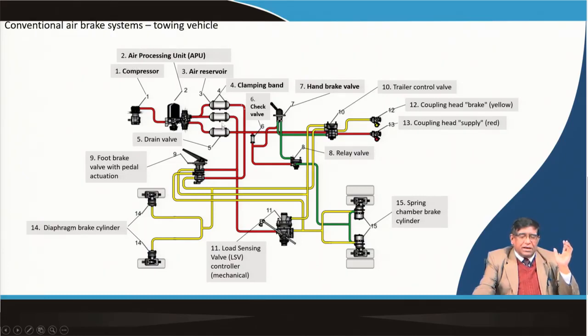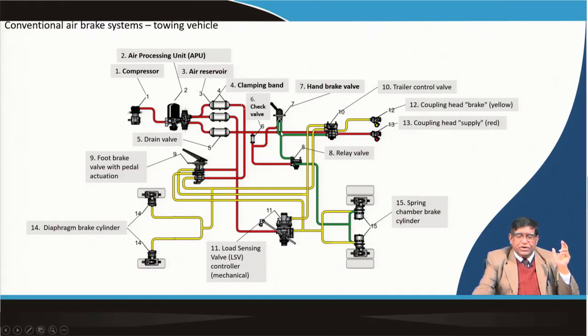These are the reservoirs where compressed air is there, and in the red supply line, pressurized fluid is there. Now, when your brake is applied, this yellow line will be pushing them to work, and then you have got a handbrake lever here.